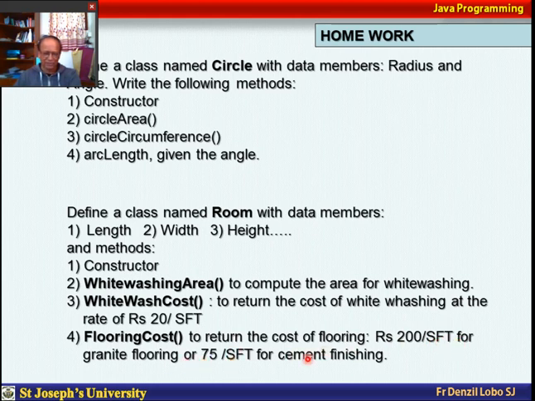Then cement, etc. So do this, and maybe find out more examples and program them and execute them, and then only you will learn what constructors are, how to use these constructors, and how to write various methods for a given problem. Thank you.